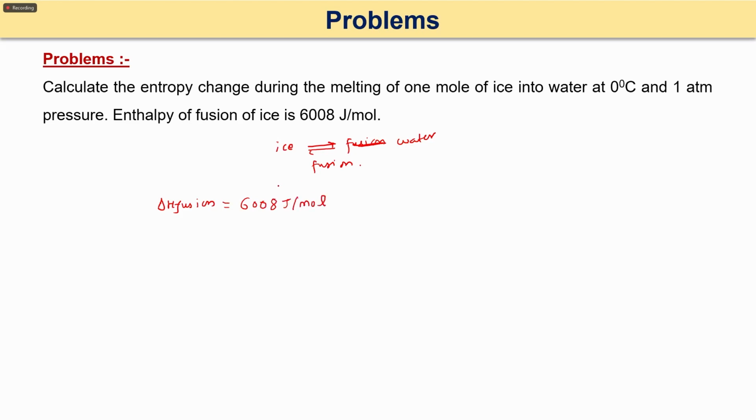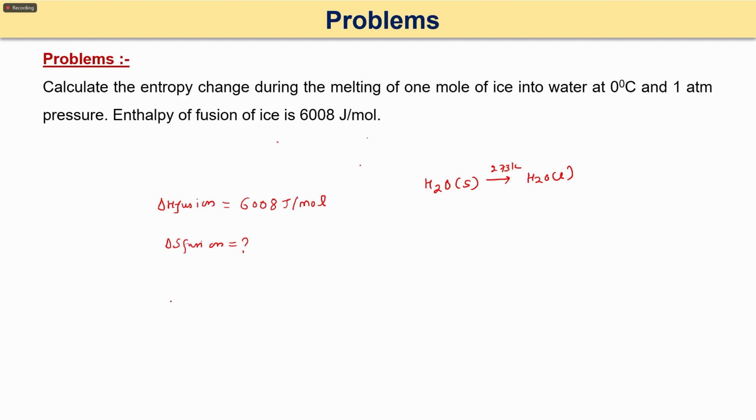Now we have to calculate delta S fusion, that is entropy change during the reaction. We know that here water, which is in solid state, is getting converted into liquid state at 273 Kelvin.